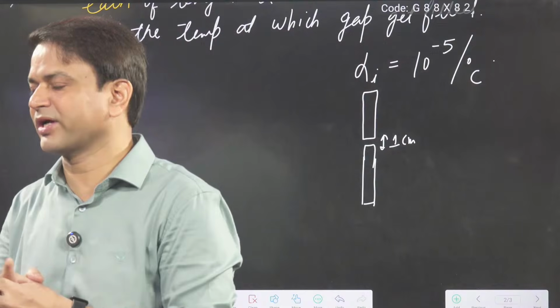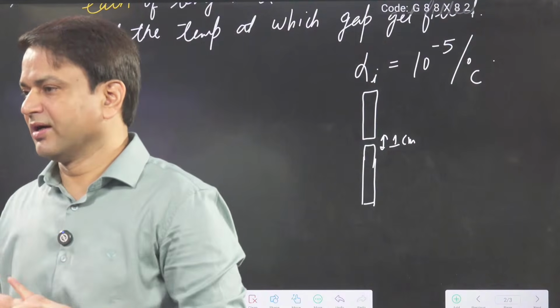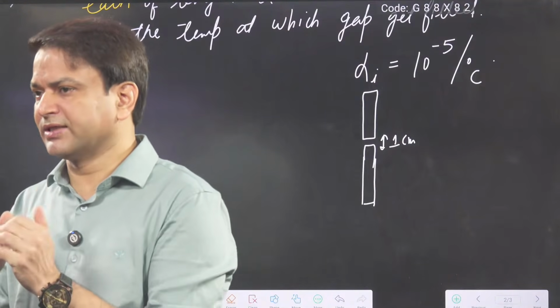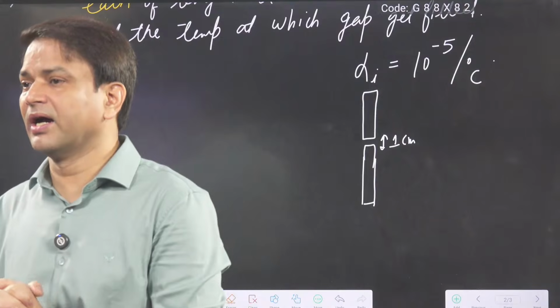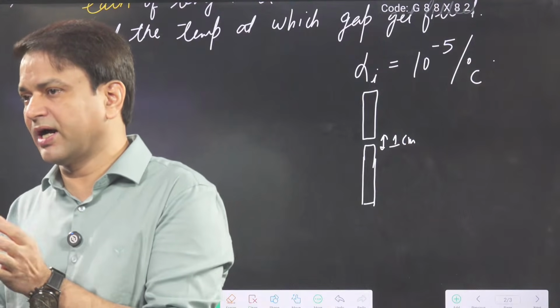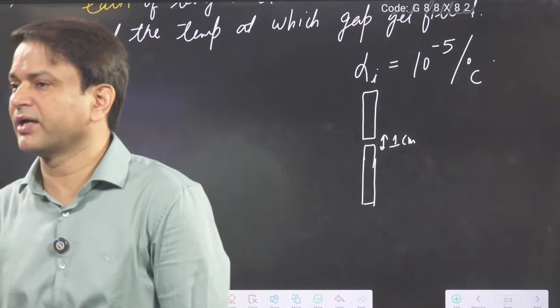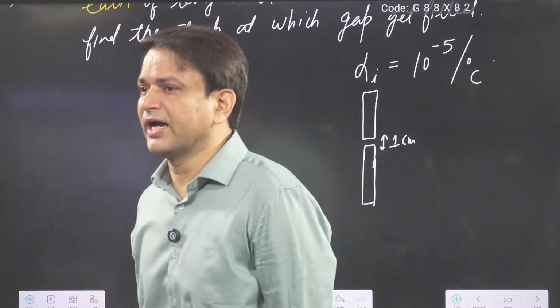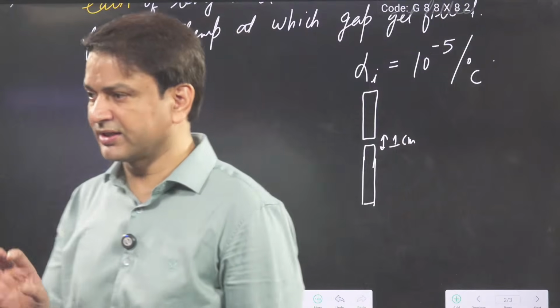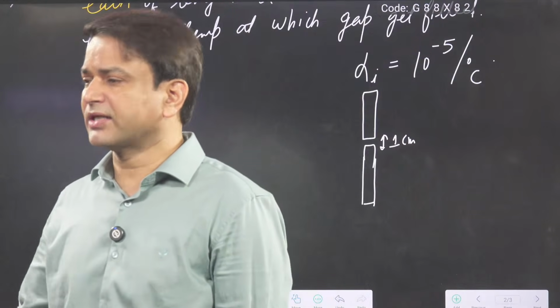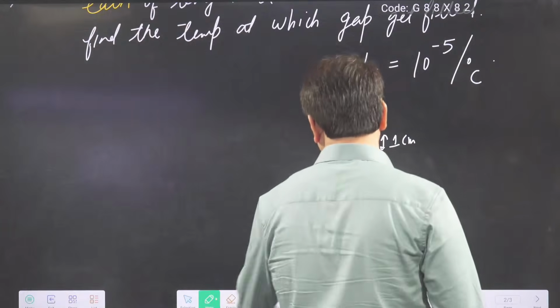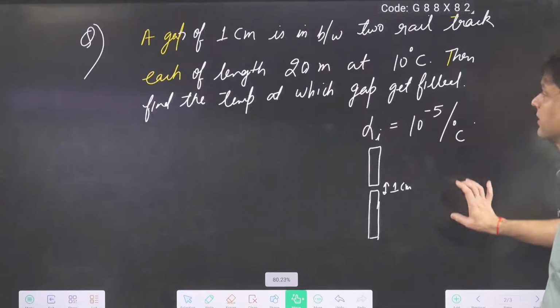Now I am saying the different options. Somebody will take the change needed to fill the gap. How much expansion is required? Delta L required is 1 centimeter. So somebody will take delta L as 1 centimeter, and the length of each track is 20 meter.